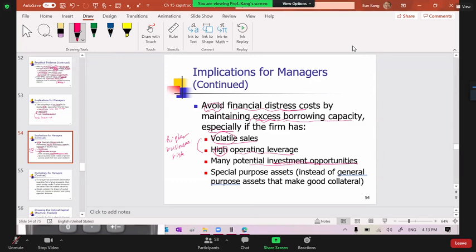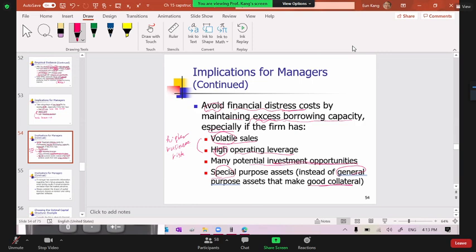And also their assets are special purpose assets instead of general purpose assets. General purpose assets make good collateral, like land or building. Those are just good collateral, but special purpose asset, what is that? Their machine is only for their product, right? For nothing else. Then what?